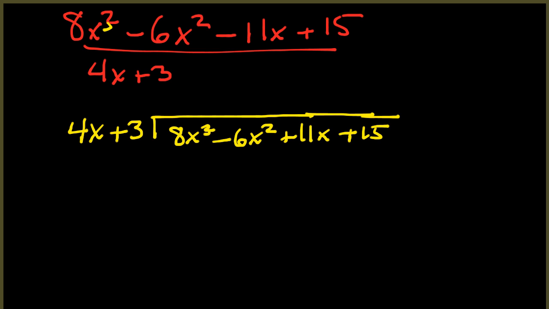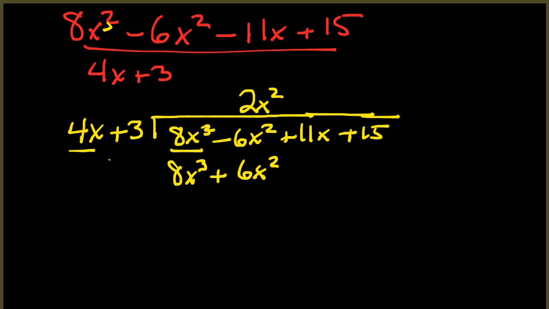Alright, so I look at my 4x, and I figure, what do I have to multiply that by so that I get x cubed? I'm going to need to multiply it by 2x squared. So when I multiply it, what I get is 8x to the third power plus 6x squared.